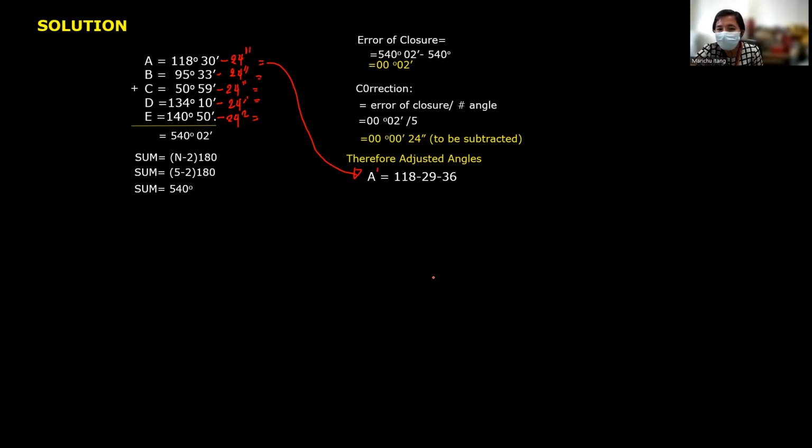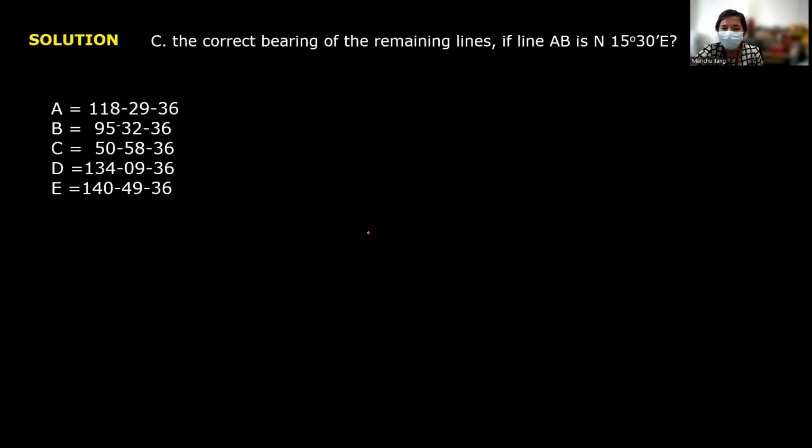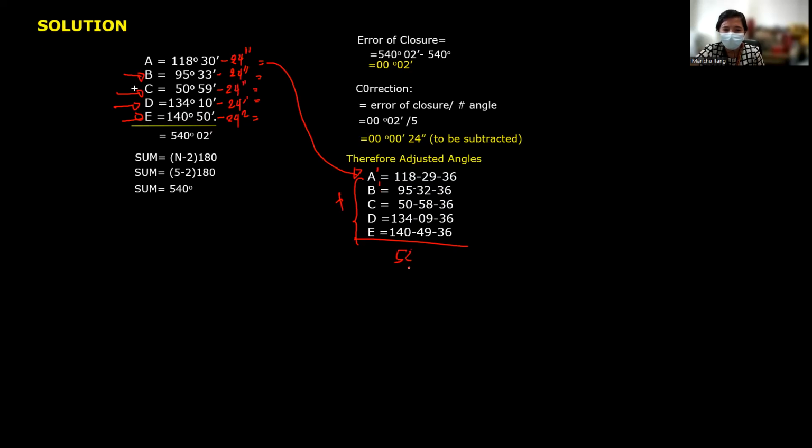So this is 118 degrees, 25 minutes, and 36 seconds for A. And then 95 degrees, 33 minus 24 seconds, so that is 95 degrees, 32 minutes, and 36 seconds. So same with C, do the same with D, and do the same with E. Now to check if it's really 540 degrees, you just add all, take the sum, that is equivalent to 540 degrees, 0 minutes, and 0 seconds. So that is now the adjusted value.